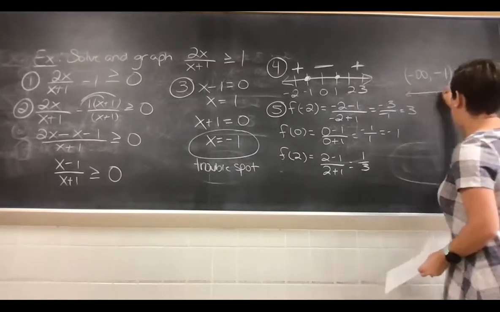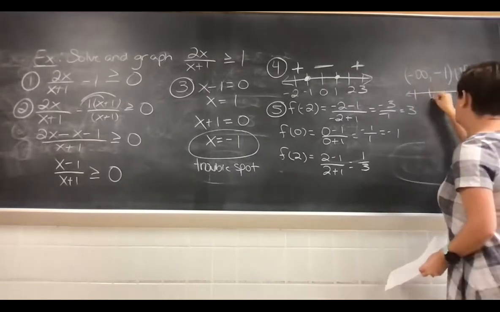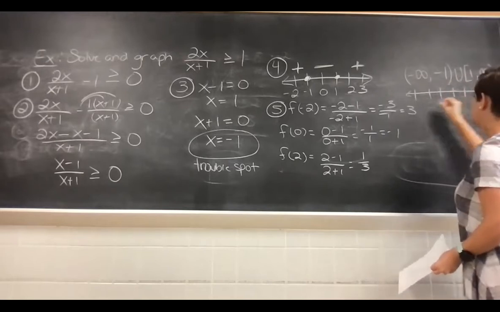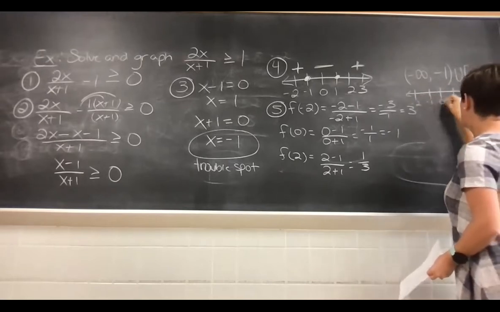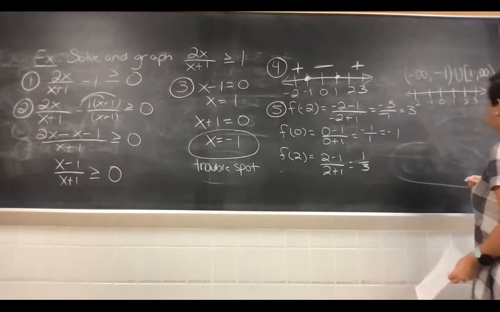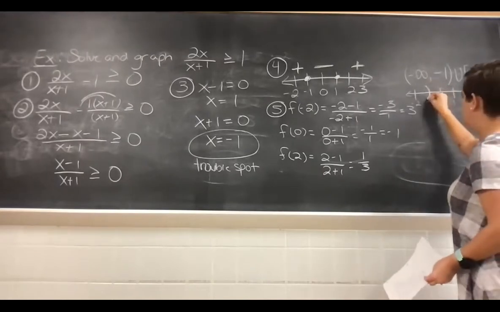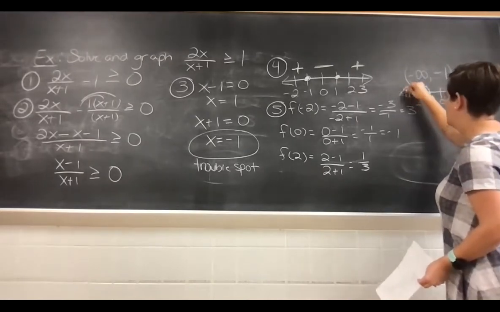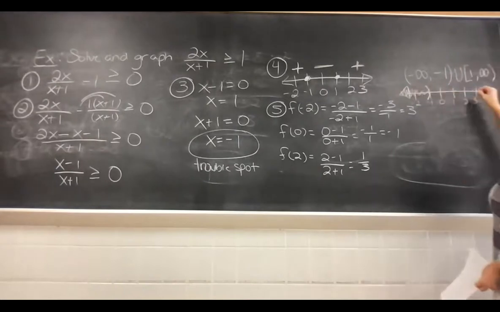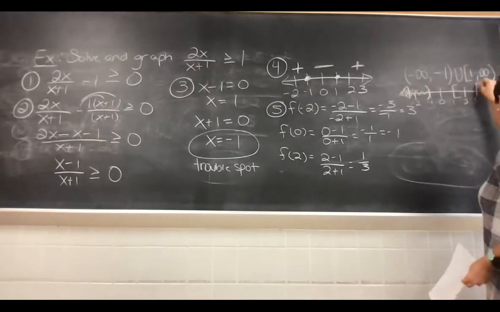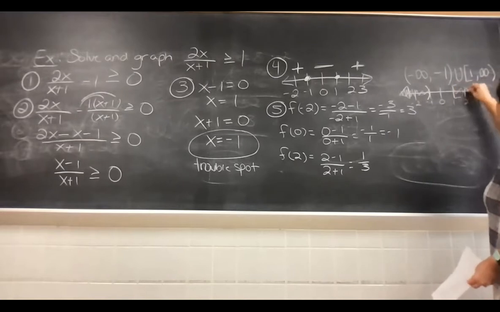So if I needed to graph that, -2, -1, 0, 1, 2, 3. I'd have a parenthesis at -1, big arrow, squiggles. I'd have a bracket at +1, big arrow, squiggles.